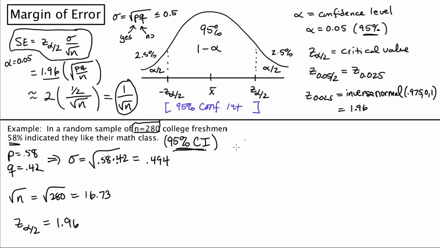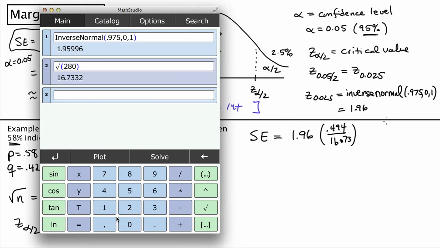So let's put this all together to get the standard error. The standard error would be 1.96 times the 0.494 divided by 16.73. So let's once again calculate this.